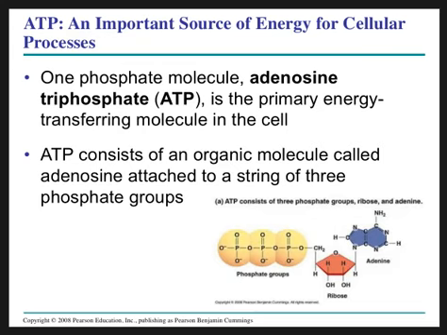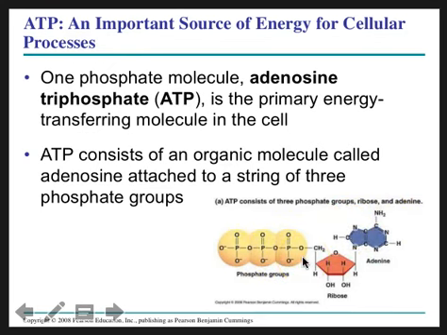All right, ATP stands for adenosine triphosphate. And what I have here is a 5-carbon sugar called ribose, I have adenine, and I have 3 phosphate groups.